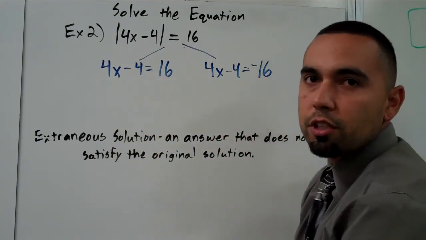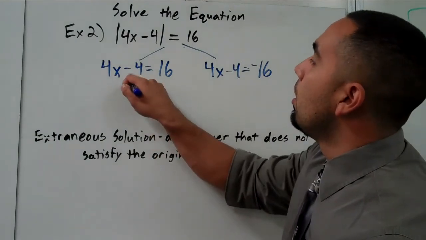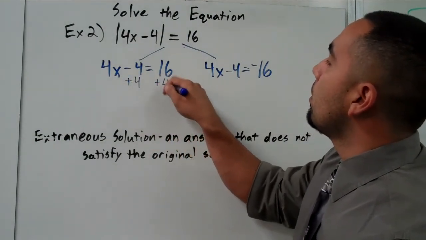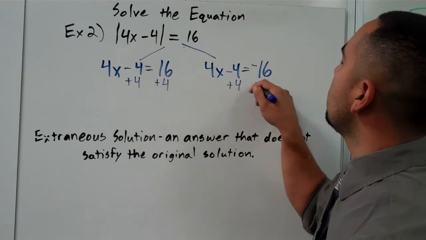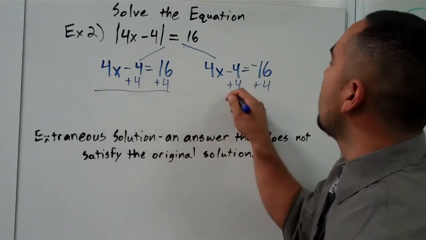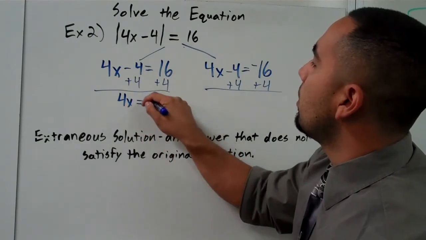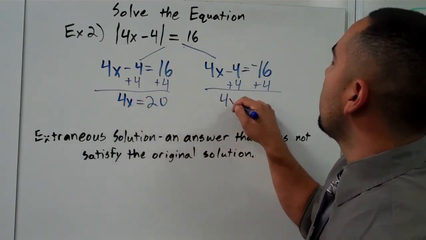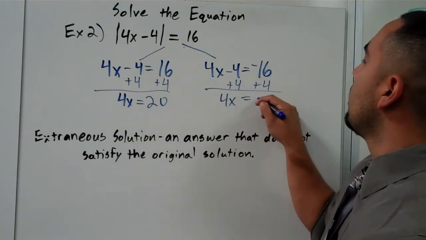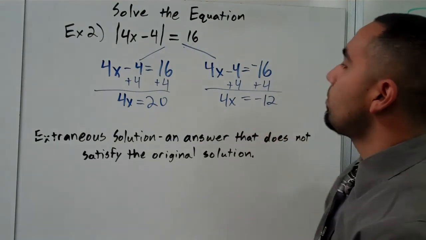And then I just solve them just like I would any other equation. So add 4, and I can actually add 4 over here too. We solve them at the same time. I get 4x equals, here I get 20. Here I get 4x equals -12.